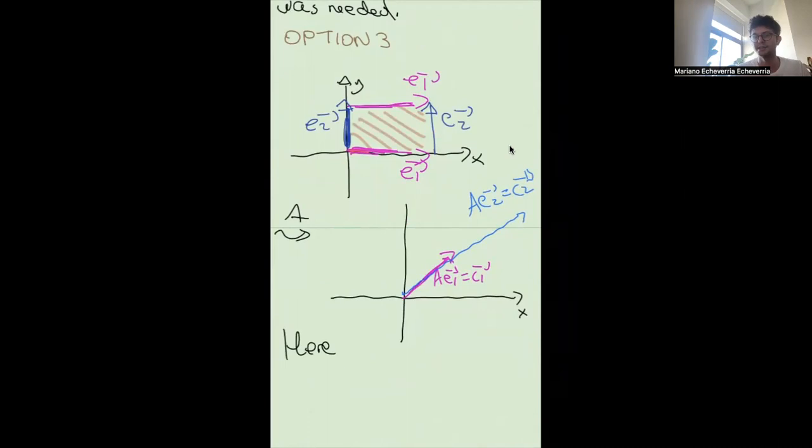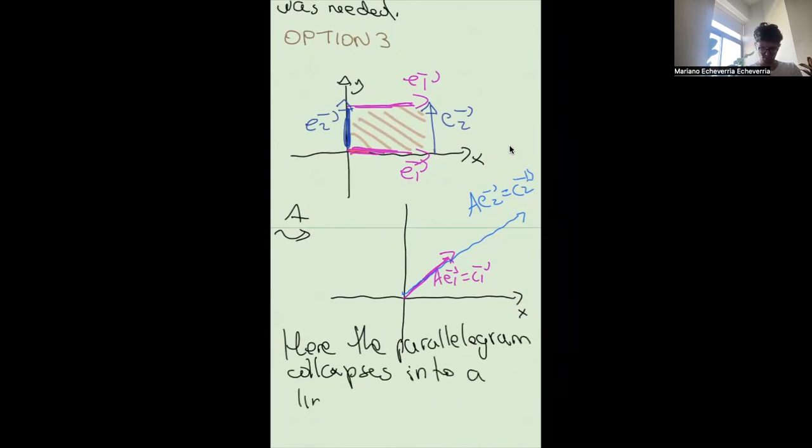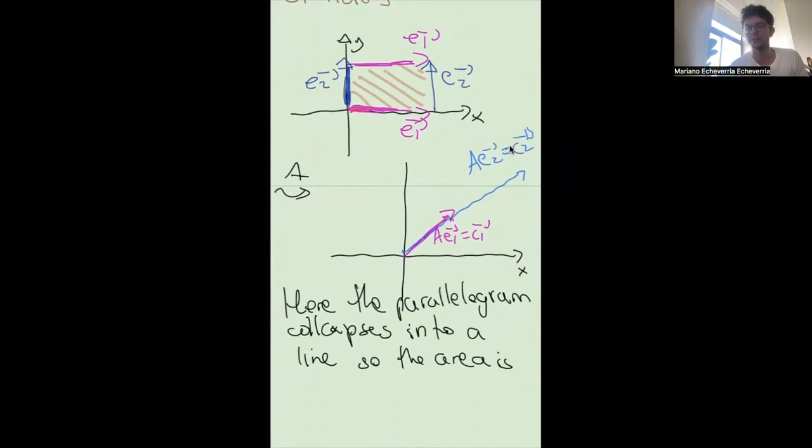The parallelogram collapses into a line. So there's no area. So the area is 0. And so we define the determinant of the matrix as 0 in this case. It's taken to be 0.